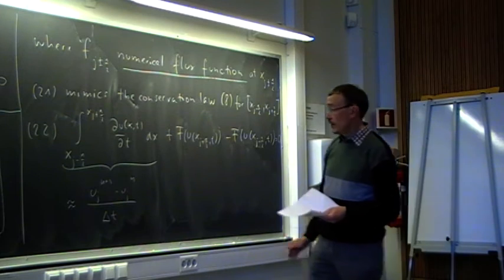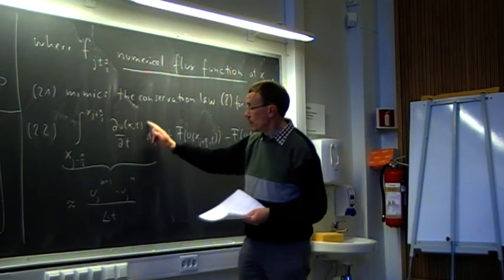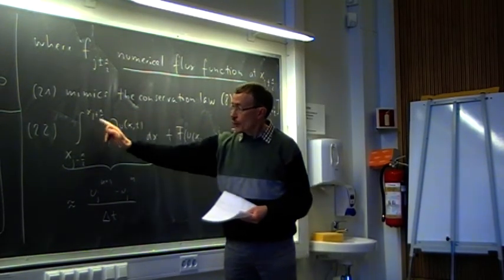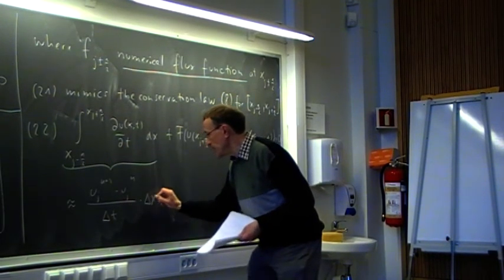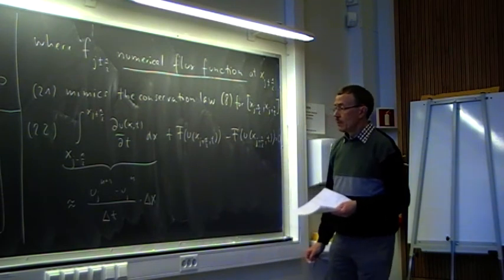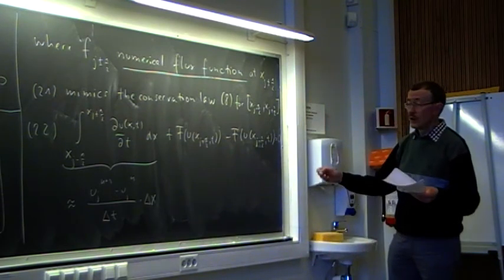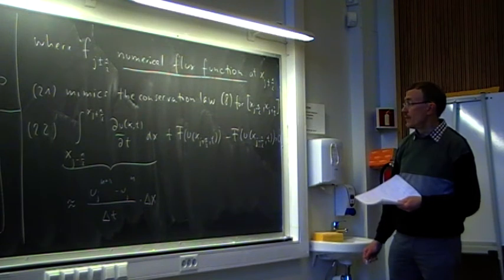We are not yet ready, so this is a discretization of that. And now we assume that we have a grid spacing of delta x, so we have to multiply it by delta x. So then we have a discretization of this.